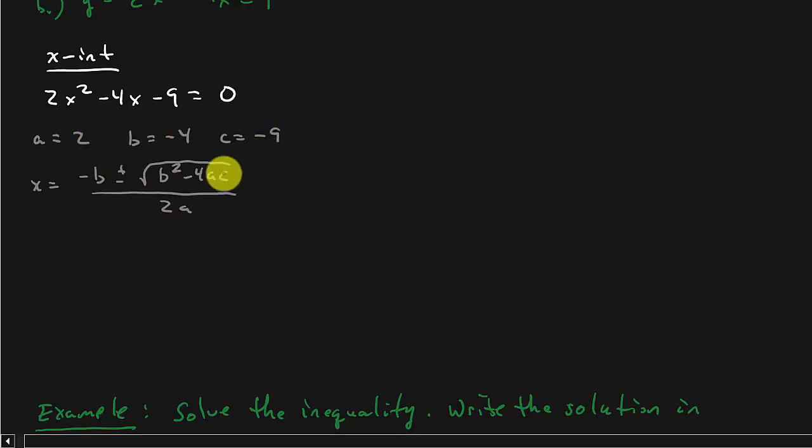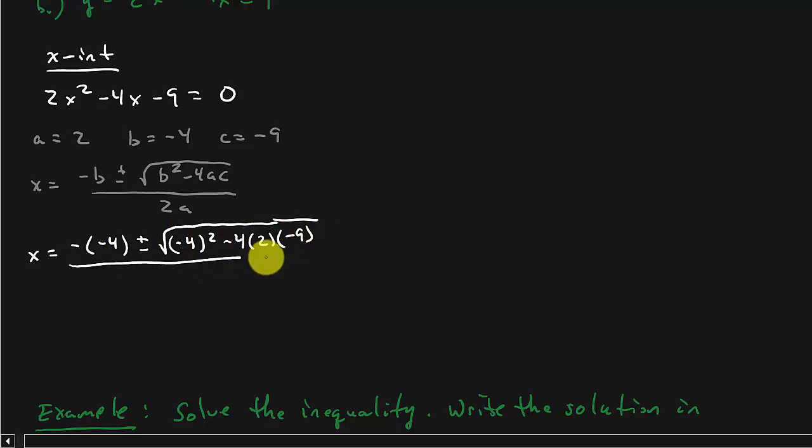And so all we do is plug each one of these into the quadratic formula. So x is negative negative 4 plus or minus the square root of negative 4 squared minus 4 times a times c, all over 2 times a. All right.